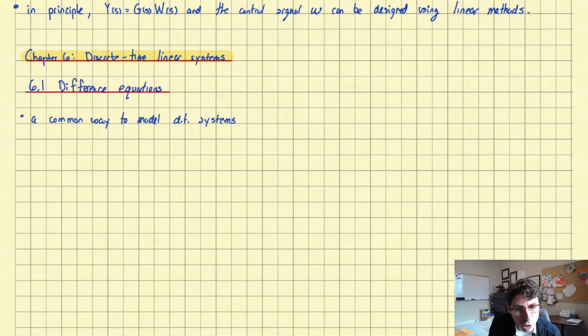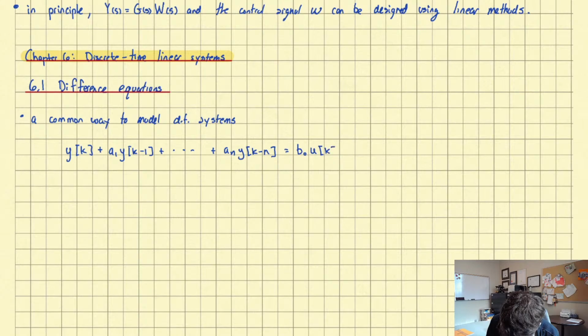And I will generally write my difference equations in the following form. y(k) + a1 y(k-1) + ... + an y(k-n) = b0 u(k), and so on.